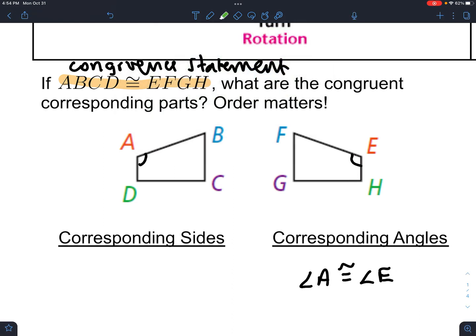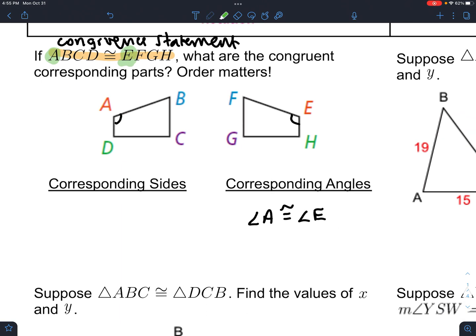Another reason why A is equal to E, it's not just the color, but because A and E are both the first letter that shows up in the statement. So the first goes with the first, the second with the second, and so on. So you can fill in these angles pretty quickly without even looking at the picture. Okay, so all the colors correspond and they're equal.